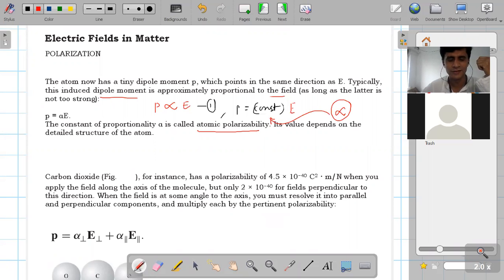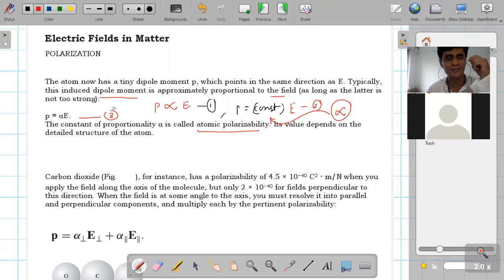Understood? Therefore, equation number 1 can be written like this as equation 2, with that constant denoted by alpha, and therefore we can write equation number 3. Understood up to equation number 3?